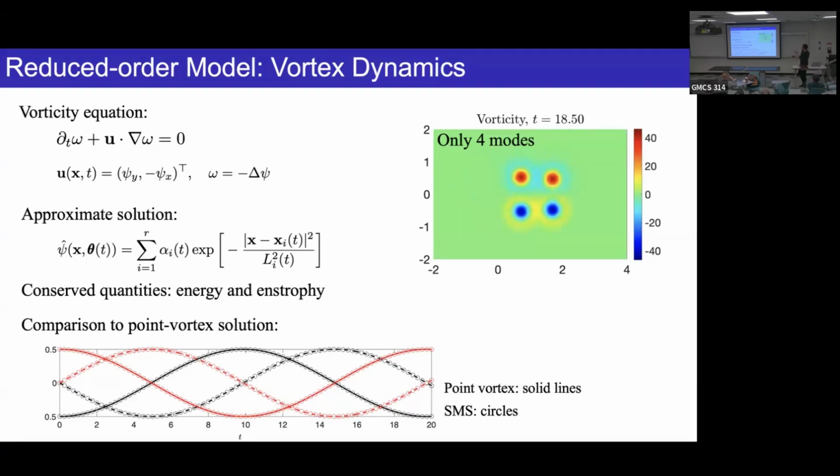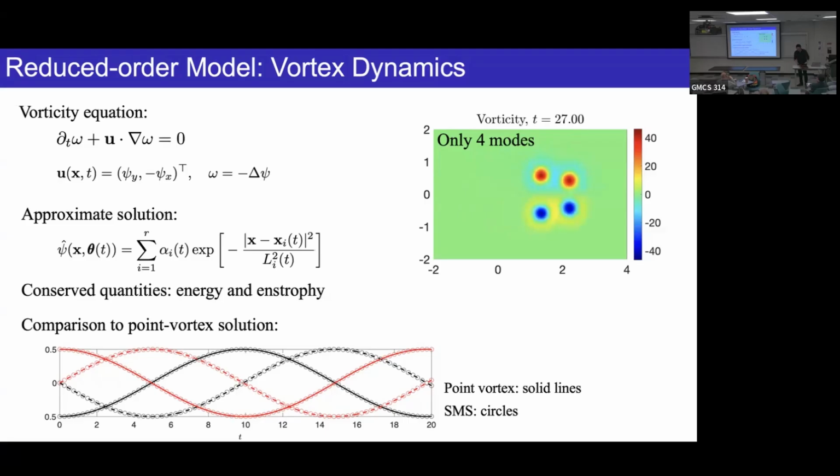This L tells you how spread out the Gaussian is, and xi tells you where your Gaussian is. The reason for it is that we're looking at vortex dynamics, and these vortices kind of look like Gaussians. So it made sense to use an expansion of Gaussians. The conserved quantities that we enforce in this case are energy and entropy. Energy is just kinetic energy, u squared, integrated over the domain. Entropy is vorticity squared, integrated over your domain.